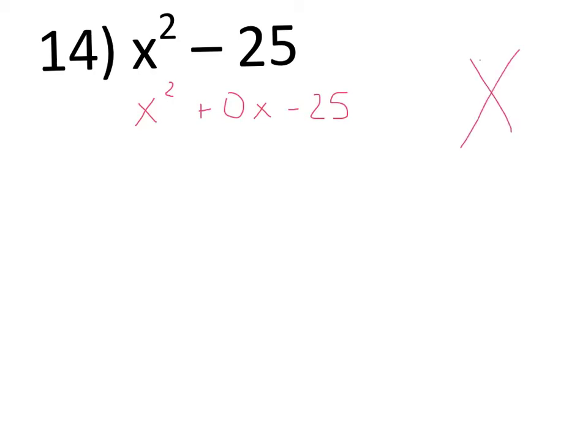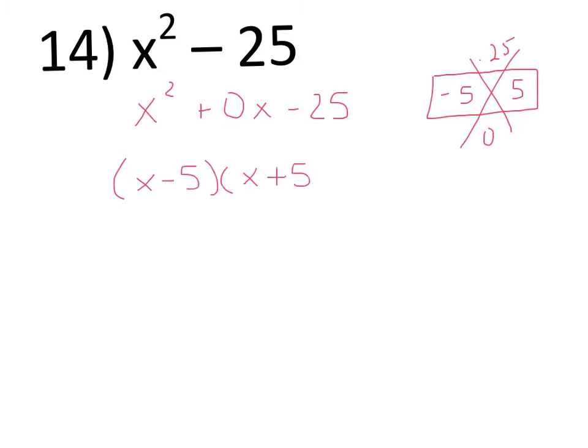So I'm looking for factors of negative 25 that get me 0. We talked that they have to be the same number, and one needs to be a negative and one needs to be a positive. So my factors will be negative 5 and 5. So x minus 5 and x plus 5. Again, order is not important, just as long as you have the two factors. And keep in mind, once again, I have to have that 1 out front for this to work.